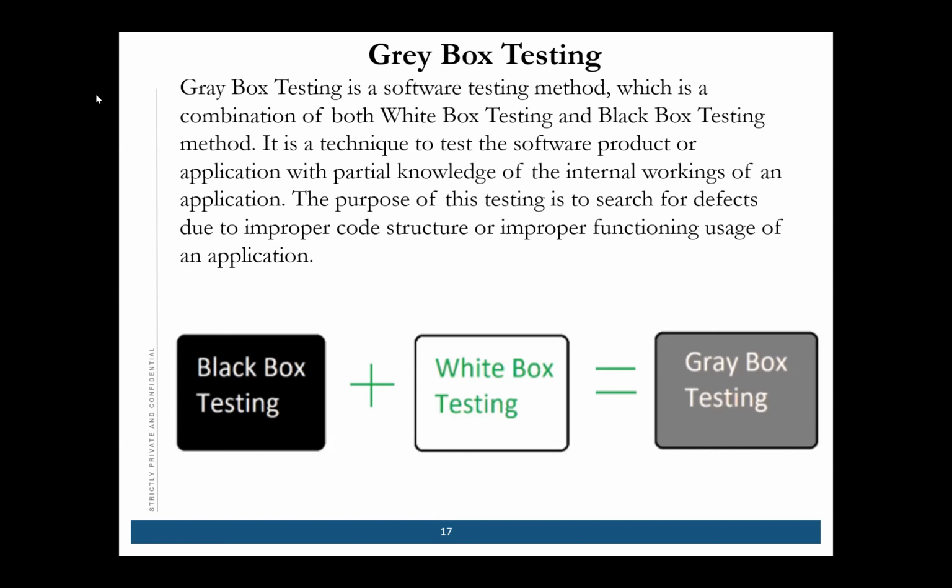The purpose is to search for defects due to improper code structure and improper functionality. So we cover both things for finding defects. Why do we do it? To find the defects, by any way we are able to find them. That's why we do gray box testing, so that we find more and more defects.